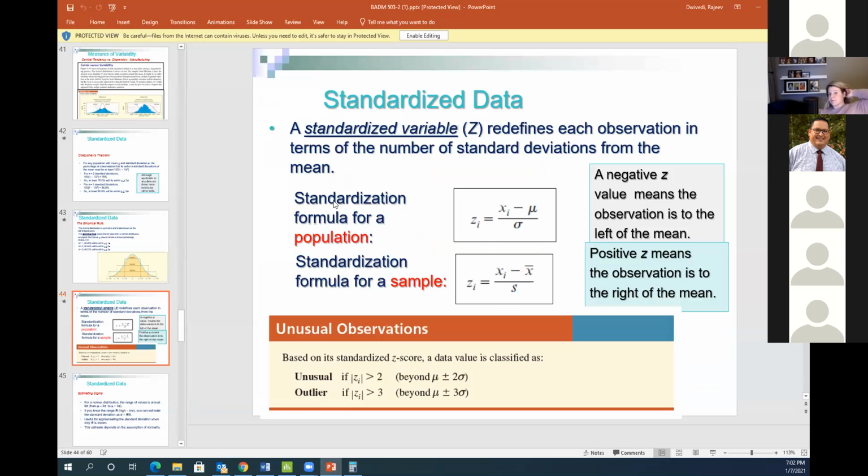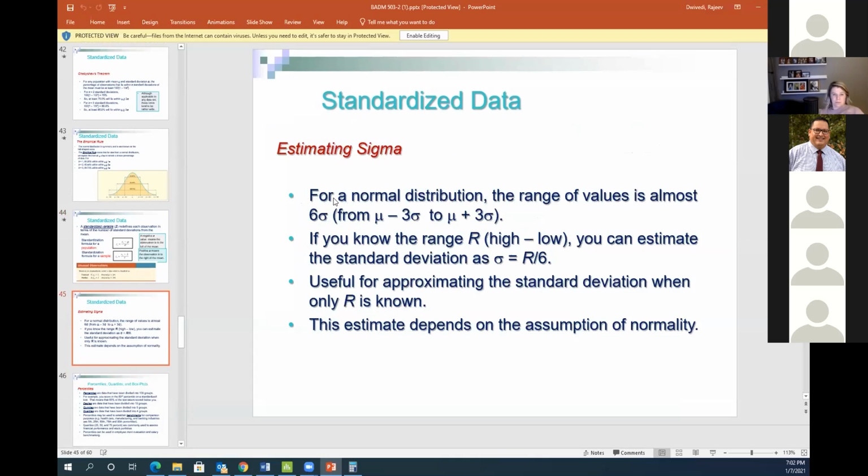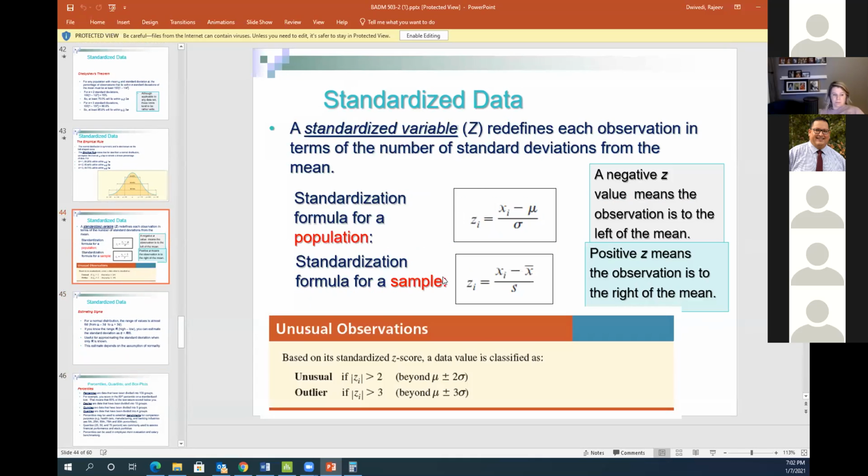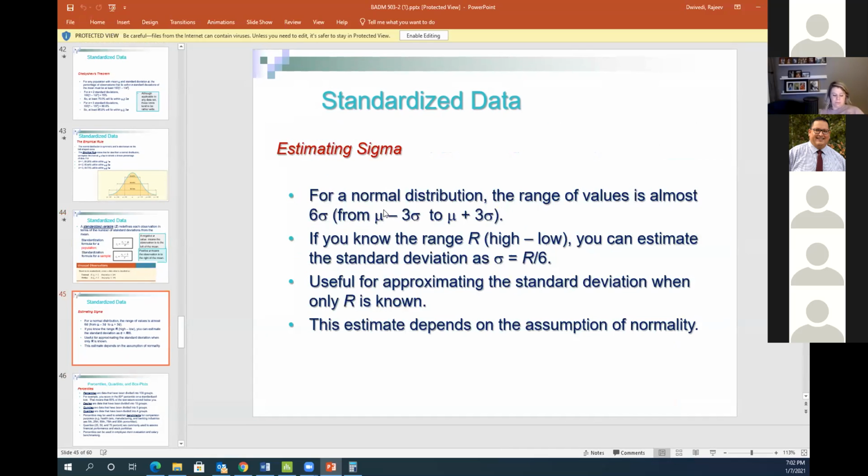Now look into, so this is now sigma, 6 sigma. So within 6 sigma, almost every data comes. Therefore, how we can range? So 6 sigma is entire range. So if you know the lowest value and highest value, you can get the range.